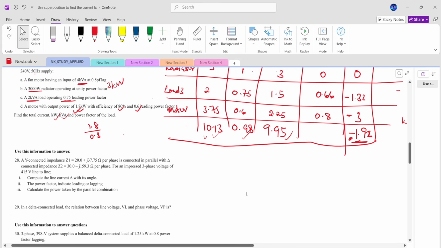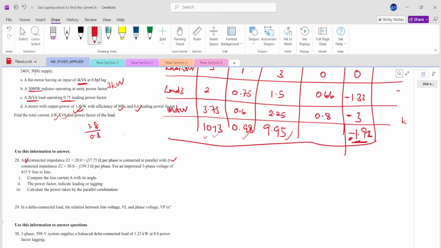Okay, this one says a Y connected impedance Z1 is equal to 20 plus j that, per phase, and is connected in parallel with a delta connected load, also 30 minus 159.3 per phase. If you see Y, it means a star connected load. If you see the triangle, it means a delta connected load.